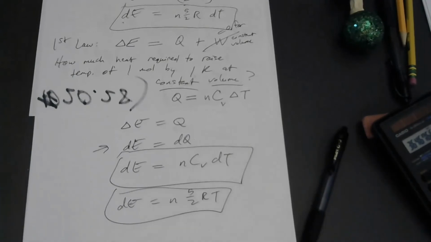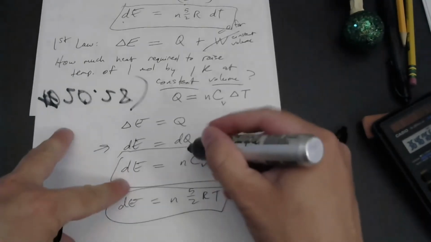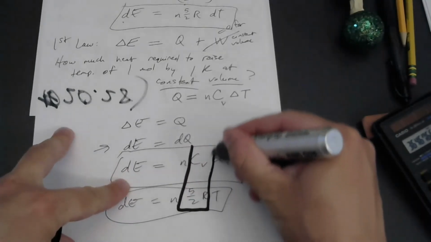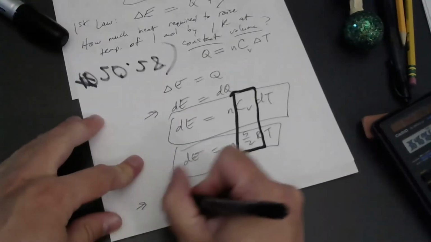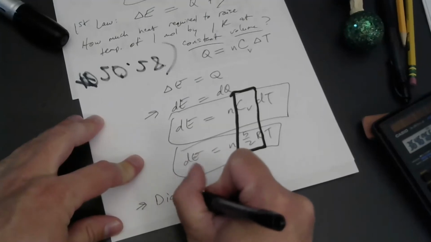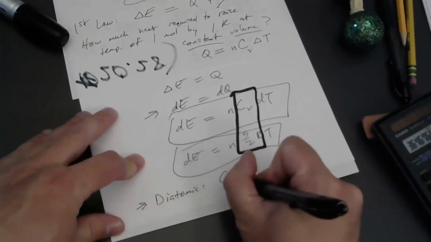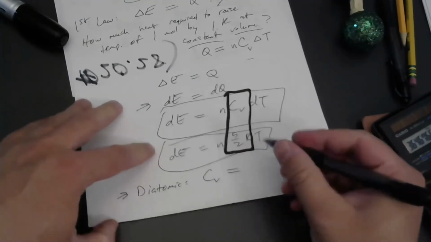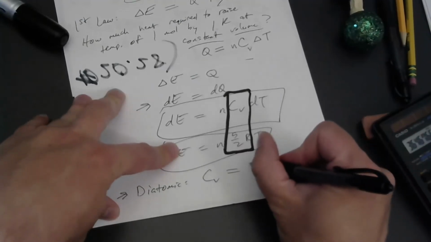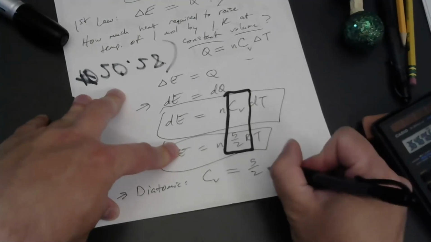And evidently for a diatomic gas, there's the heat capacity. Diatomic gas, the heat capacity at constant volume, specifically constant volume, not C sub P, C_V. That should be 5/2 R.